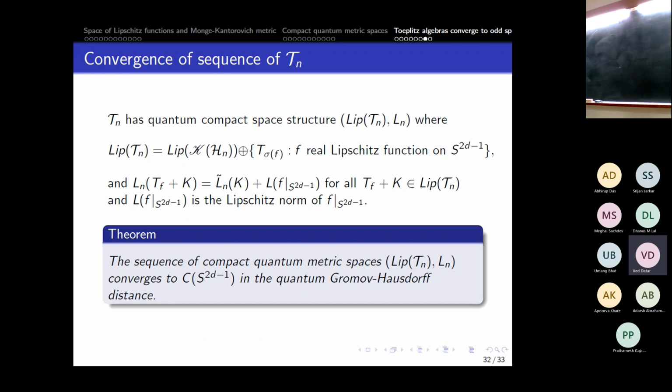But if you have an ample line bundle, you can take powers of that. As you take higher and higher powers, that perhaps can be an analog of your sequence Tn. I don't know. Yeah, we'll try to see whether something can be done in that direction.